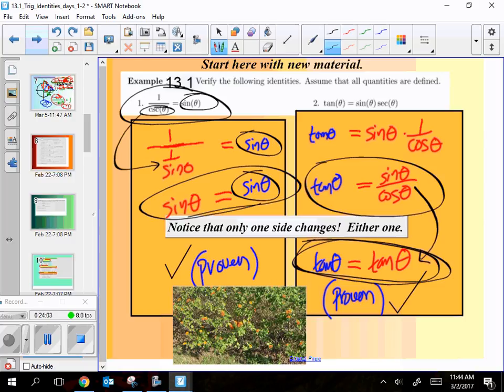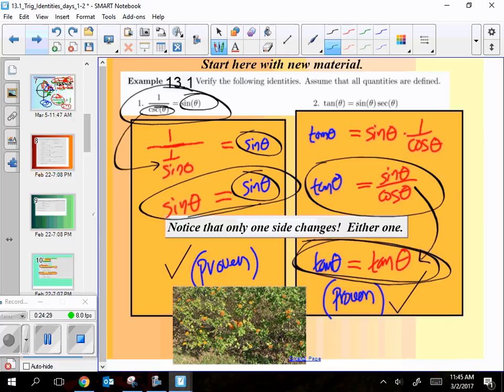But that means they also go backwards. So let me ask you, what's cotangent? 1 over tangent. What's secant? 1 over cosine. What's cosecant? 1 over sine. Okay. Now, I wasn't saying the squared ones. All right, so let's move on.